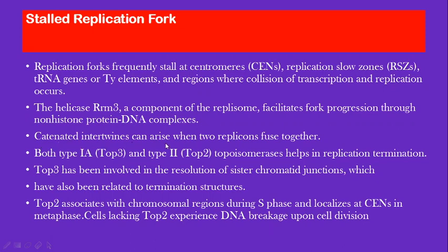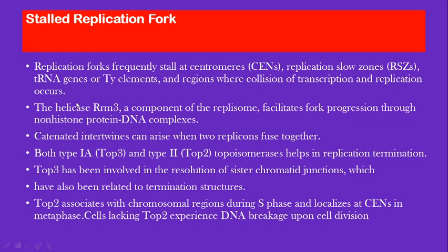Catenated intertwines can arise when two replicons fuse together. So it's the final stage of the replication process where the two replication forks converge and collide with each other upon the same stretch of DNA. In mammalian cells, even a single defective termination event would result in either DNA damage or mutation, or it will interfere with mitosis.